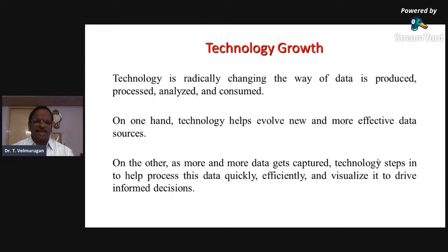Nowadays, technology growth is very important. The technology is rapidly changing the way data is produced, processed, analyzed and consumed in real world applications. For real world applications, large volumes of data are growing every second, every minute, every millisecond, every microsecond.